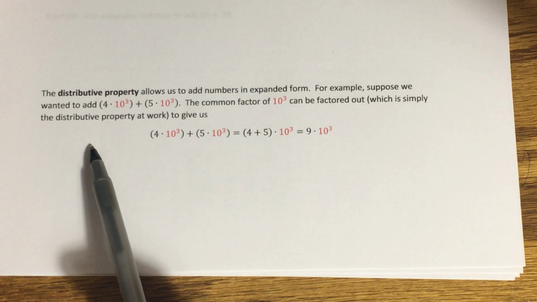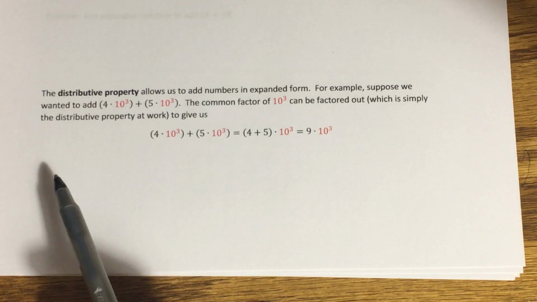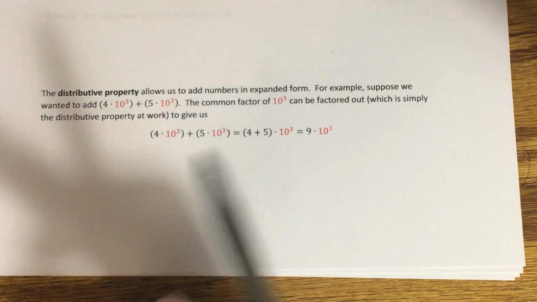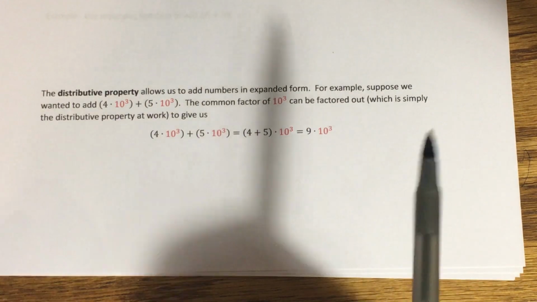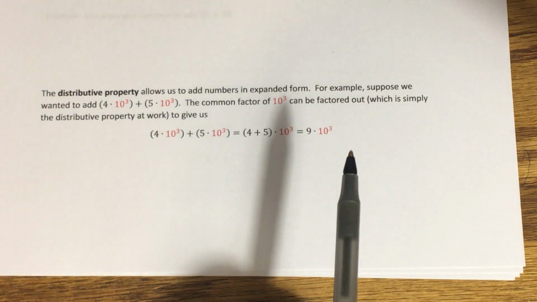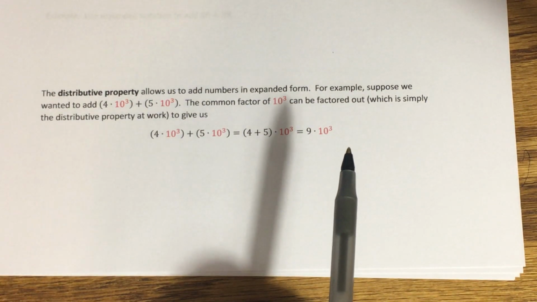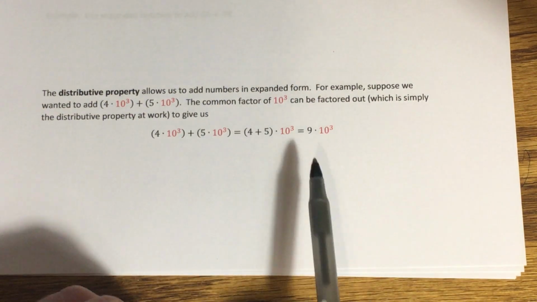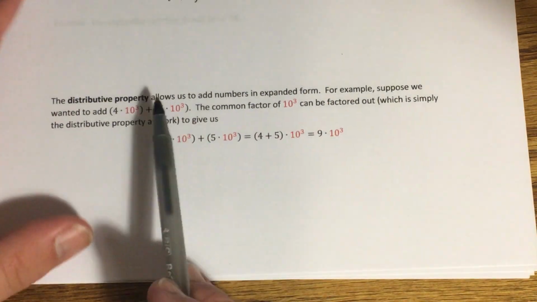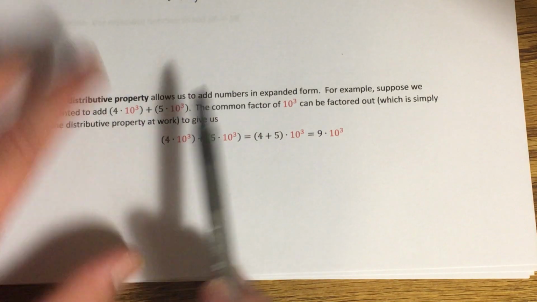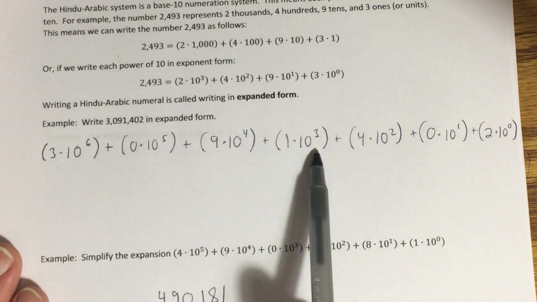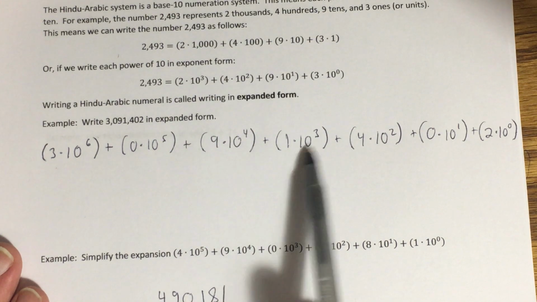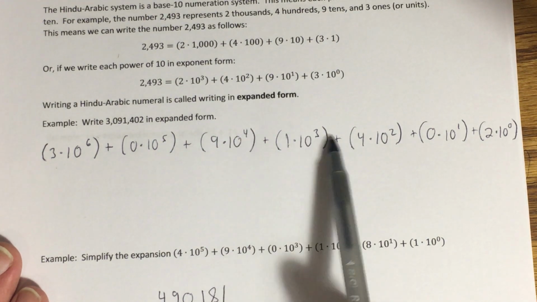So remember, the distributive property says that if you have a number being multiplied to a sum, and that sum is in parentheses, you can distribute the number being multiplied into the sum. And where we're going to be using that is when we have numbers that look like parts of these terms in expanded form that have 10 to the same power.